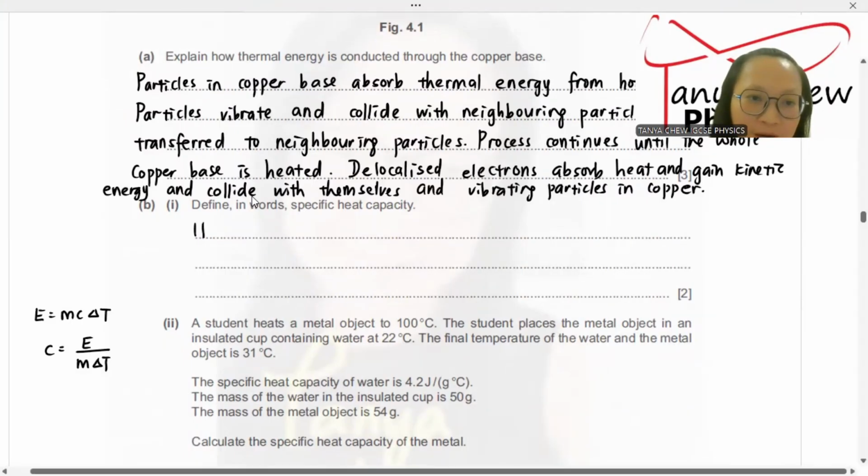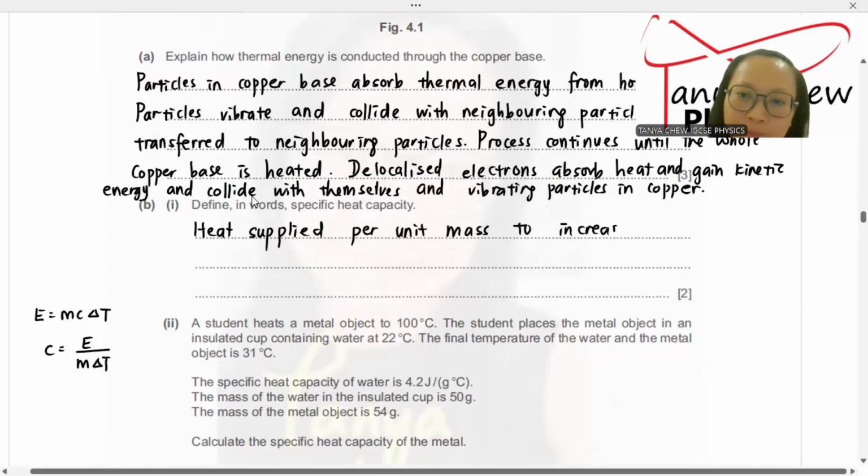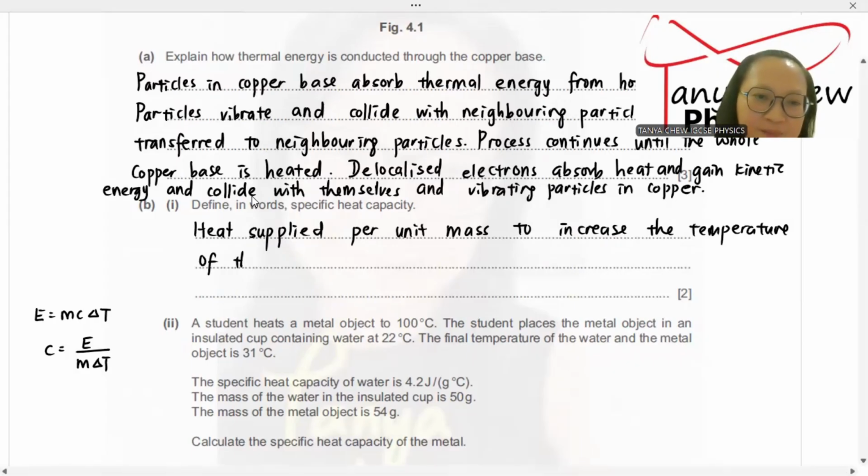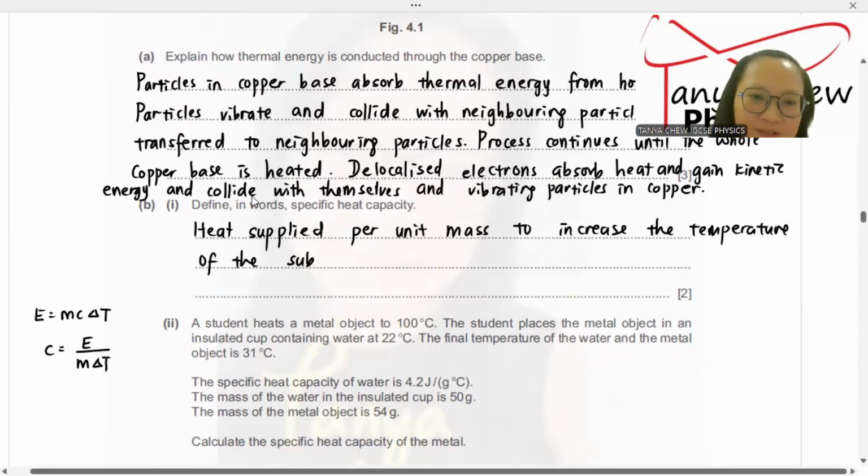So it is being defined as the heat or thermal energy supplied per unit mass to increase the temperature of the substance. To cause a change in the temperature of the substance is also okay.